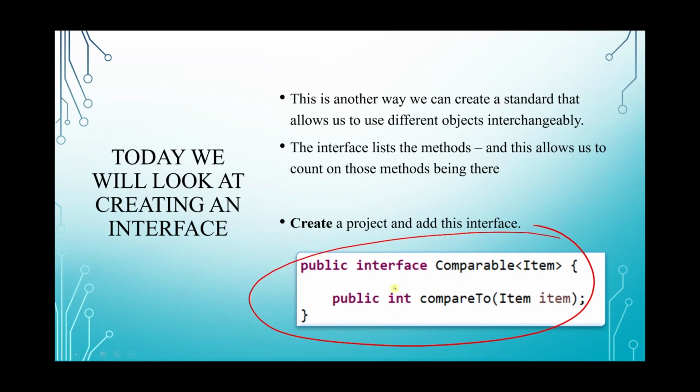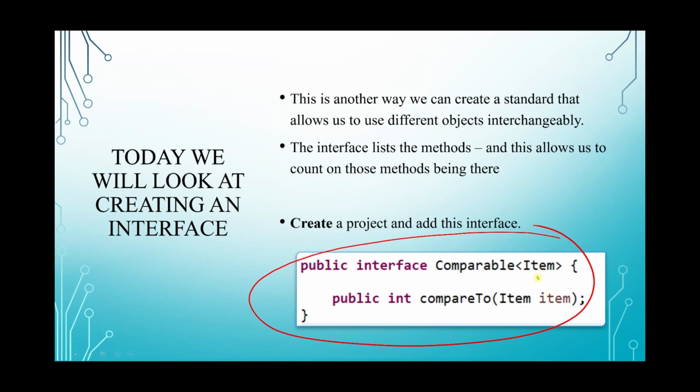The interface is going to be public interface ComparableItem. In this interface, we are going to have a function called compareTo. CompareTo takes an item, and this is called generics, and we are going to see what generics is in a few seconds.